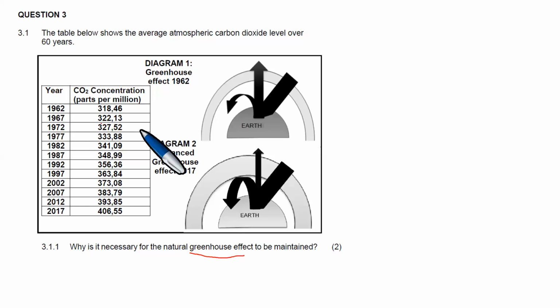If you analyze these figures in life sciences, you are able to see the actual increase, from 318 to 322. In 1972, it increased from 322,13 to 327,52.